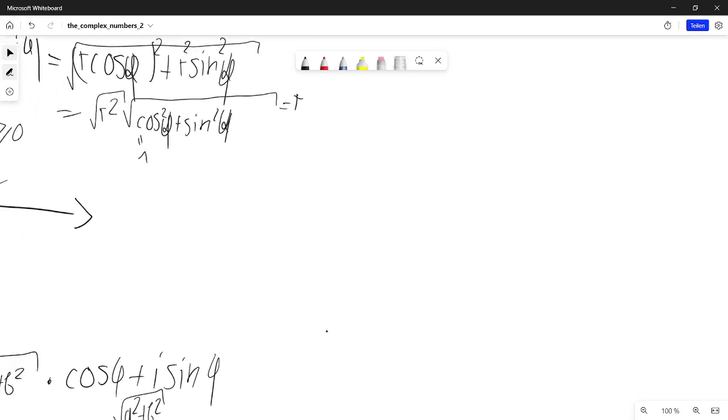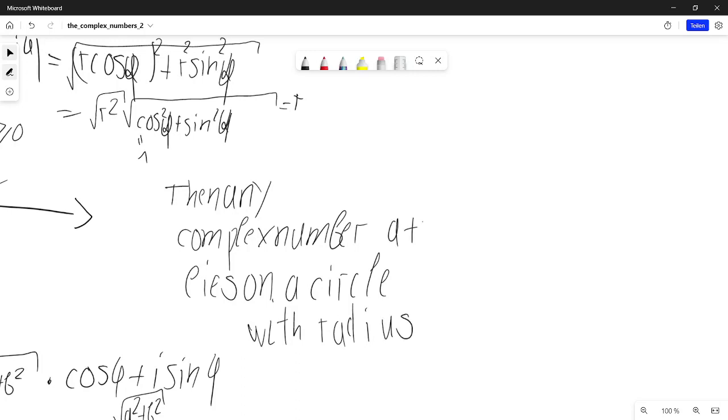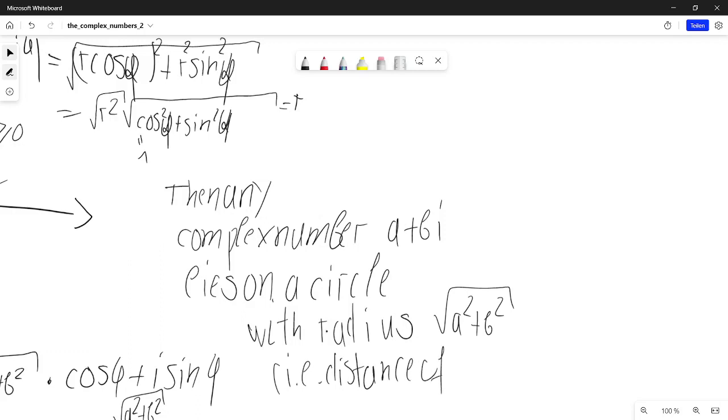Then any complex number lies on a circle with radius, the distance of the corresponding point a b to the origin.